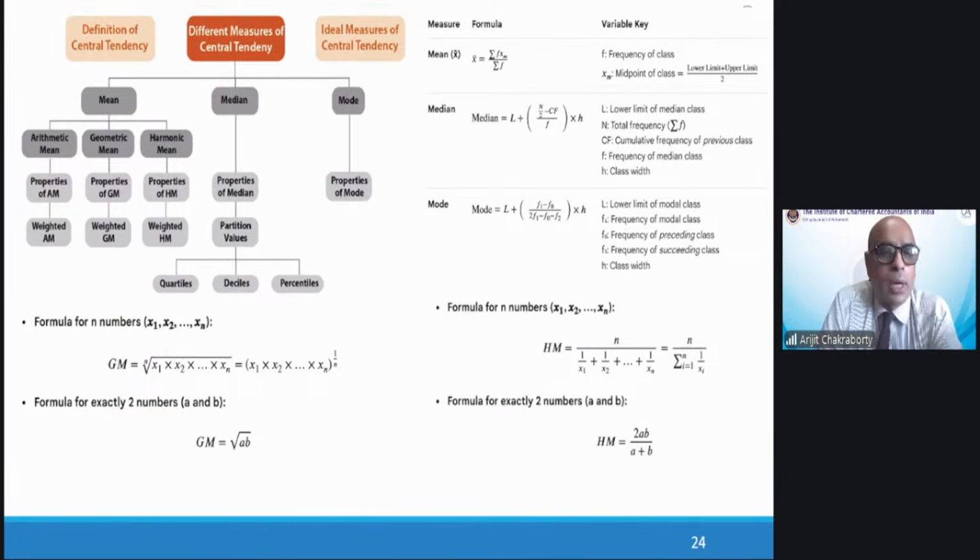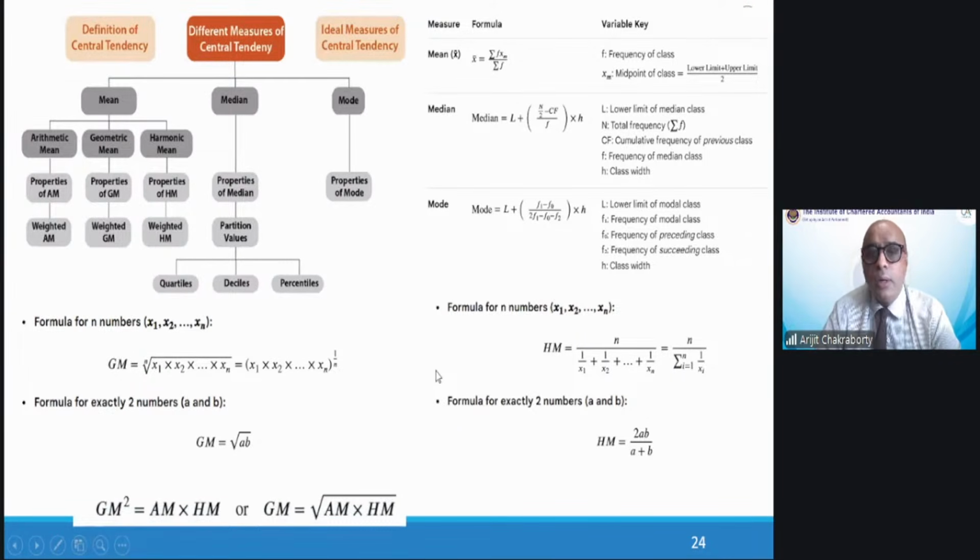Plus, for harmonic mean, we have examined both the formula, that is without frequency as well as for distributions with frequency, and the formula is once again given for your recap. And lastly, when we have two numbers a and b, the harmonic mean will work out to 2ab divided by a plus b.